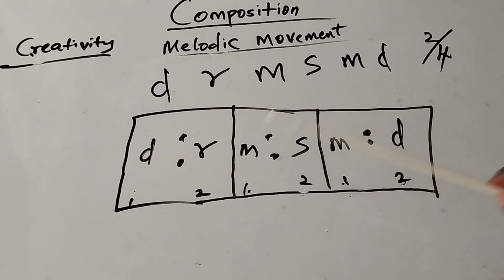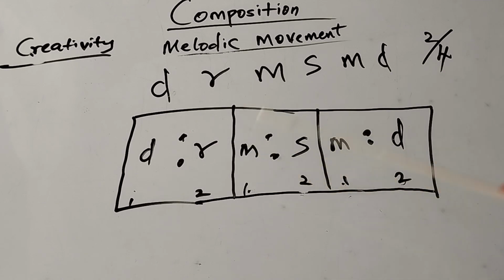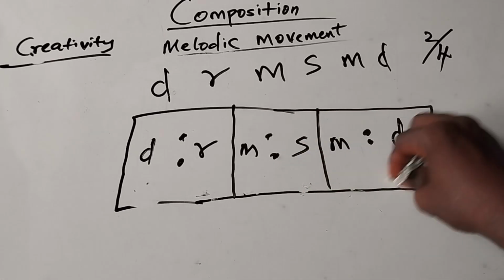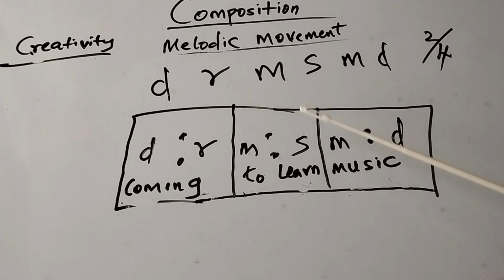Do, re, mi, so, mi, do. You can slow down the tempo. Any word I use under do will become part of it. Do, re. You repeat the sound.